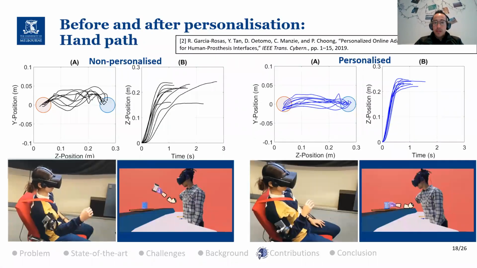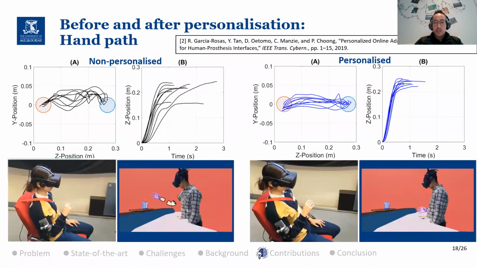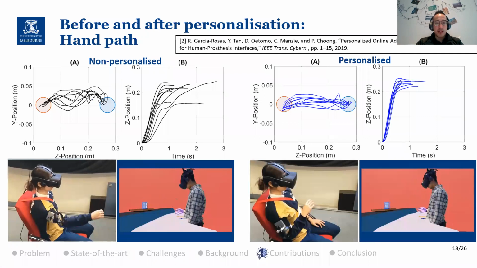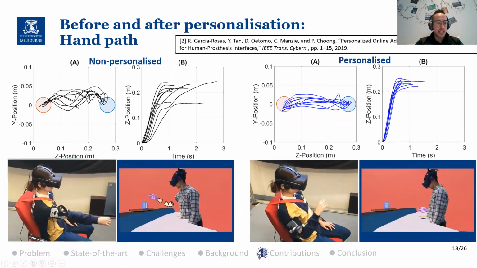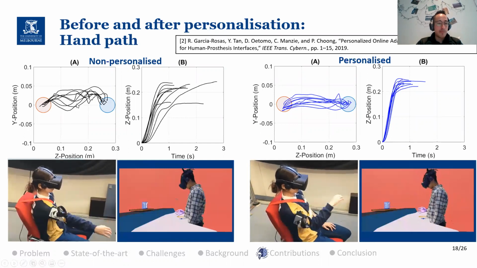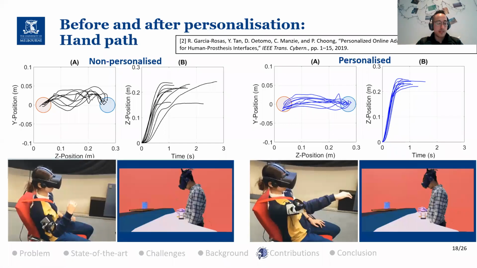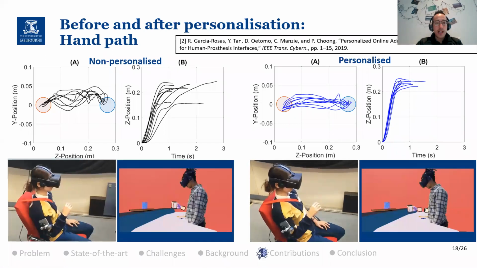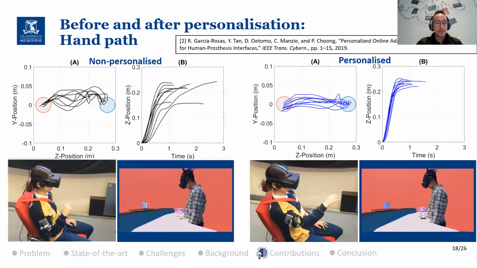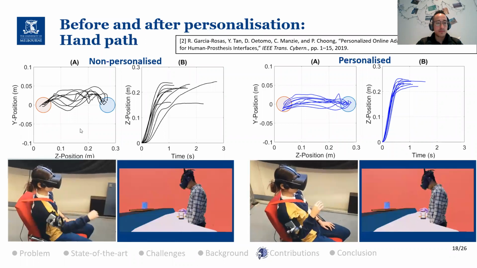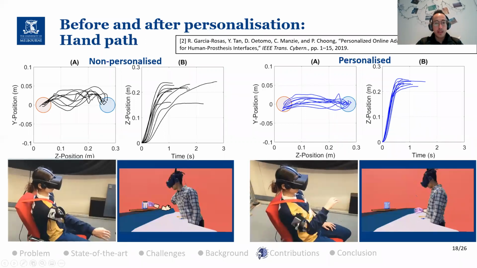Now looking at not just what the algorithm did, but what the person is doing. On the left, we have the non-personalized. In A, we have the hand path on the sagittal plane. And then in B, we have the forward displacement. Sorry, this is not the sagittal plane, it's a top view.